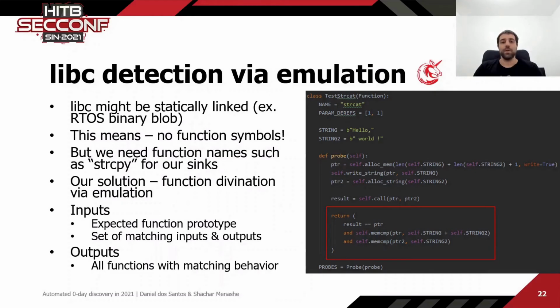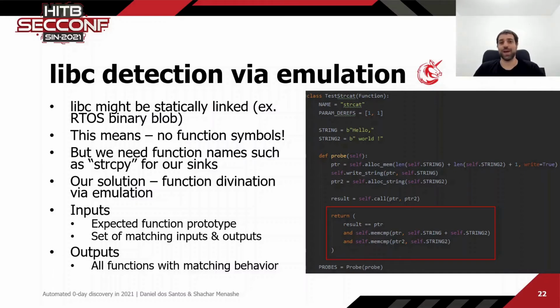Basically, the problem is that if there's an RTOS binary or some binary which links statically to libc, you're not going to have any symbols like strcpy, malloc, memcpy, printf, etc. And you need to identify that functionality in order to make your life easier when doing the static analysis. Like I showed before, for example, system is a sink, memcpy is a sink, getenv is a source. You want to understand these utility functions. You want to get these symbols, even if you don't have them natively.